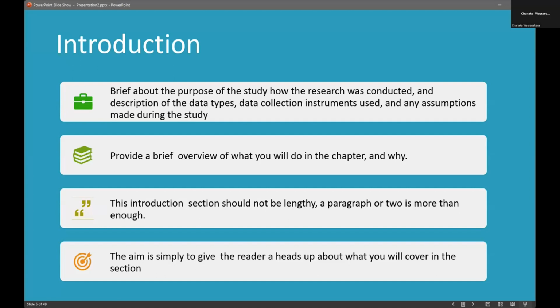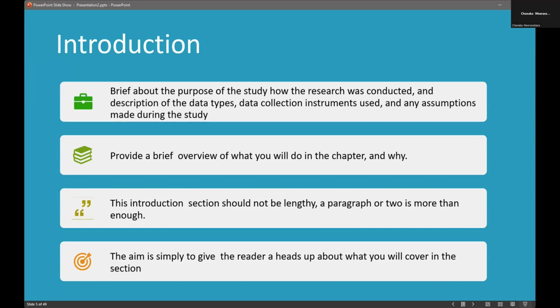In order to remind the reader about the main purpose, the research question and the objective of the research, first we have to add a statement or small paragraph briefly explaining the purpose and the objective of the research, why we conducted it, and a brief discussion of the type of data we collected, the data collection method and the instrument, and any assumptions or hypotheses.